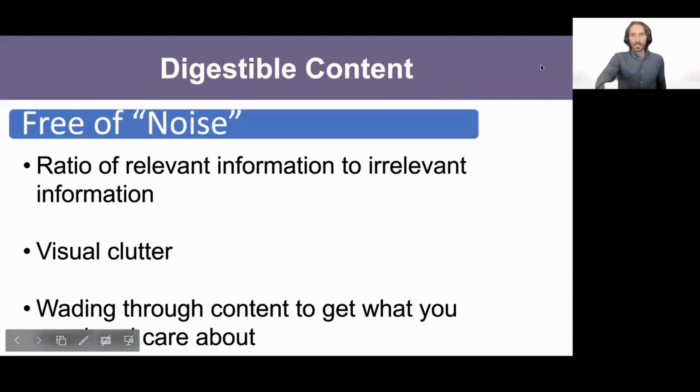So, digestible. What we mean is that the content that we present on the front page is free of noise. And what do we mean by noise? Well, noise means many different things, but essentially we're talking about the ratio of relevant information to irrelevant information. So we all have identified certain things that we actually care about when we're using Canvas.